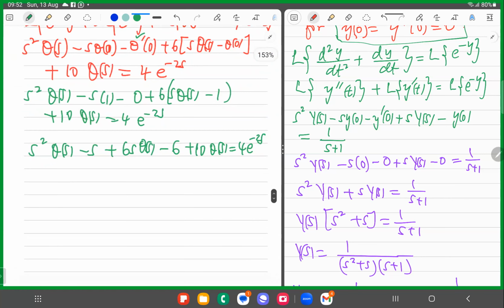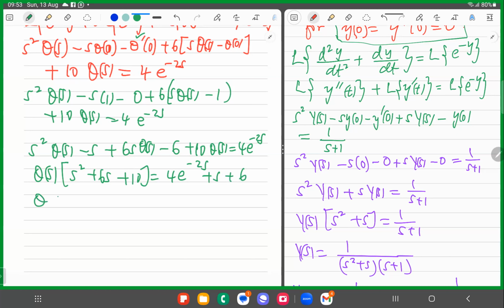So what is all these here? You can pull out the big theta of s: s squared plus 6s plus 10 is equal to 4 e to the minus 2s plus s plus 6.